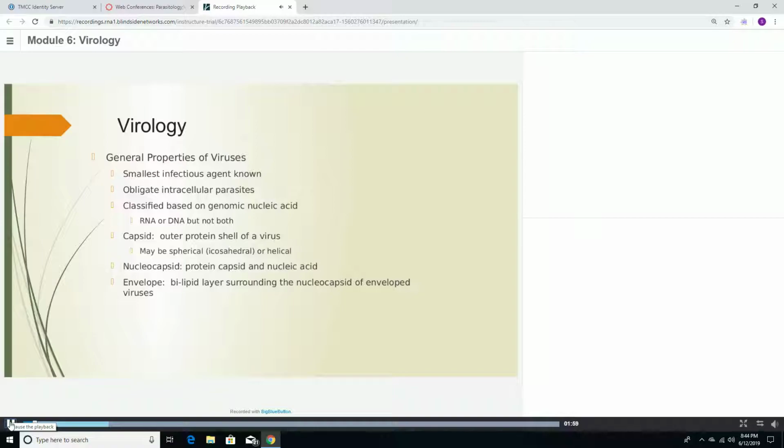Viruses are classified on the basis of their genomic nucleic acid. A virus can be classified as one that has either RNA or DNA, but viruses do not have both RNA and DNA present. They have one or the other. A viral nucleic acid can be single or double-stranded, linear or circular, and positive or negative sense.